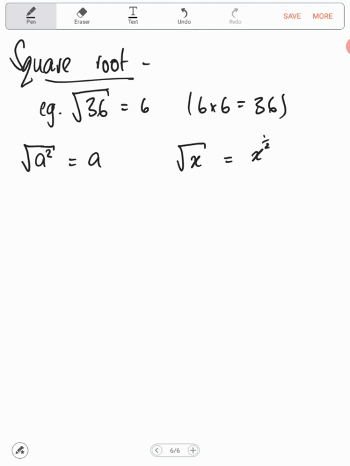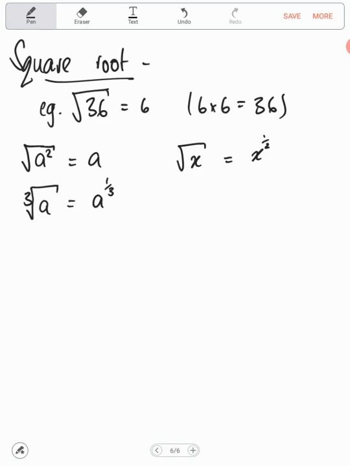Okay, so when you're taking the square root, you are actually putting it to the power of 1/2. So if you were to have the third root of a number, okay, it's the same thing as a 1/3. Okay, are you seeing the pattern? I certainly hope so.